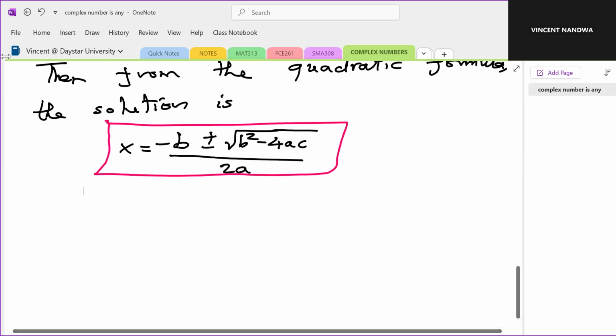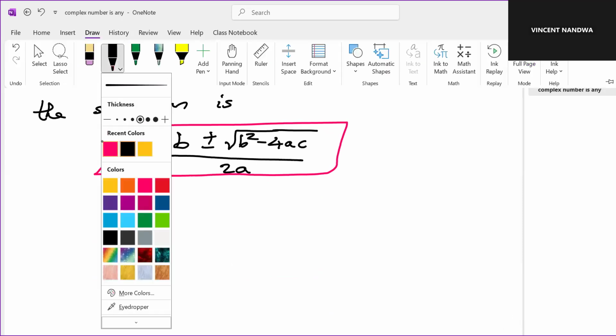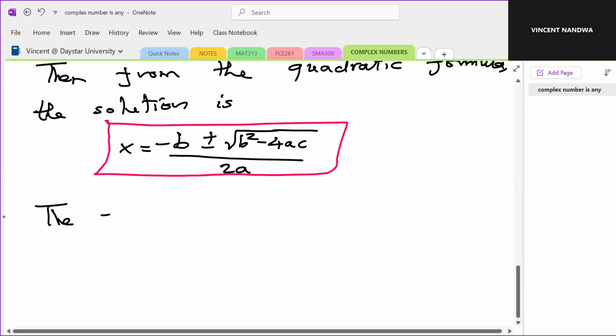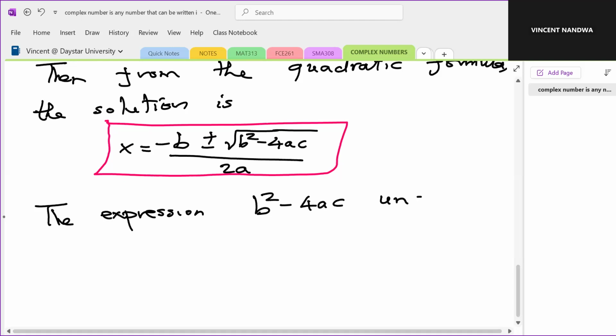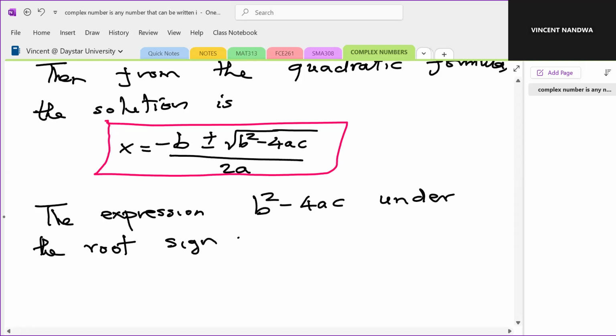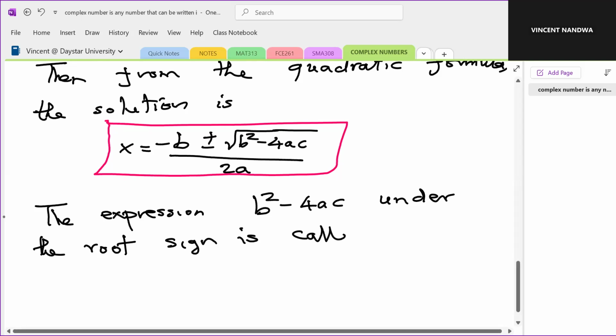And if we recall from what you did in Form 3 work, the expression under the root sign is called the discriminant. So the expression b squared minus 4ac under the root sign is called the discriminant.